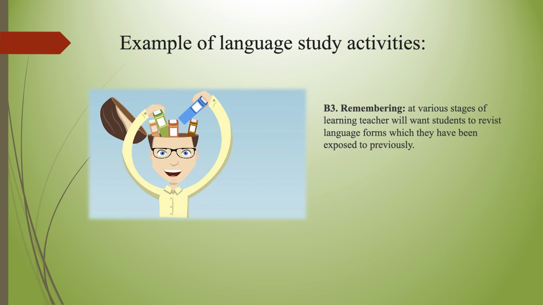And another one, B3, about remembering. At various stages of learning, teachers will want students to revisit language forms which they have been exposed to previously, which means that the teacher should ask the students again and again in order to make them remember what they have learned.